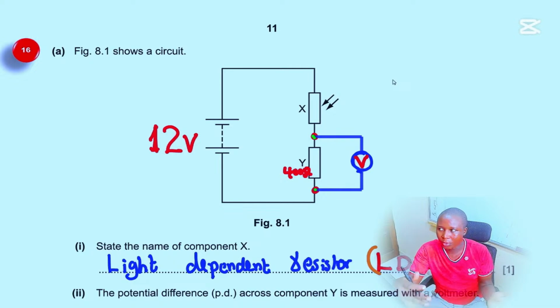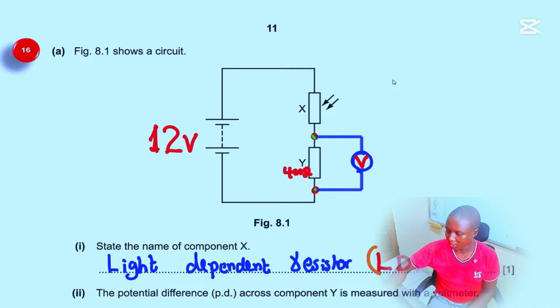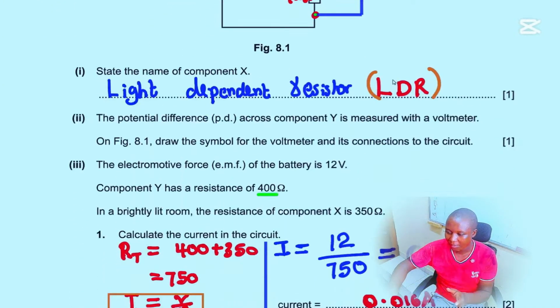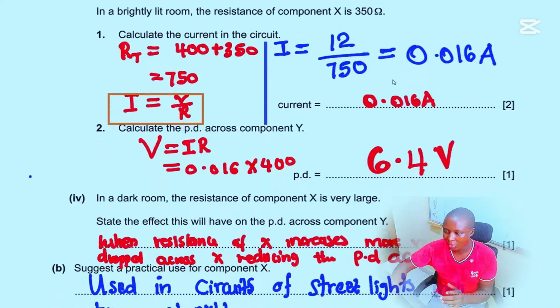Also, you can use it in housing for alarms. If there is an outbreak of fire, it can trigger the circuit, and then an alarm is produced. So basically, that's what we can mention, but most of that is done in AS Physics, which we are going to do next year.